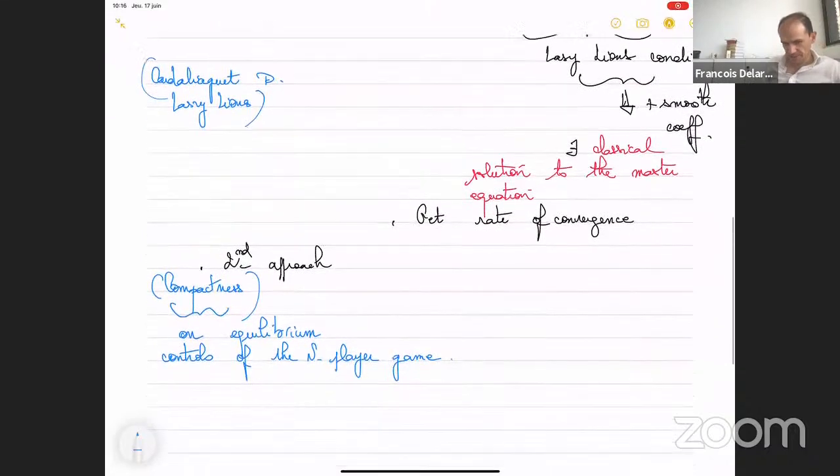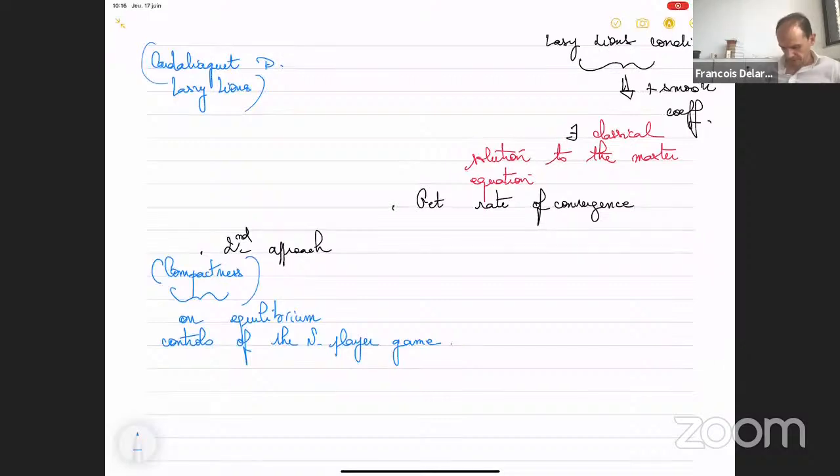The point is that if you want to use strong topology, let's say if you have feedback functions and then you want to use strong topologies, then this is too demanding, because you need compactness on your functions.